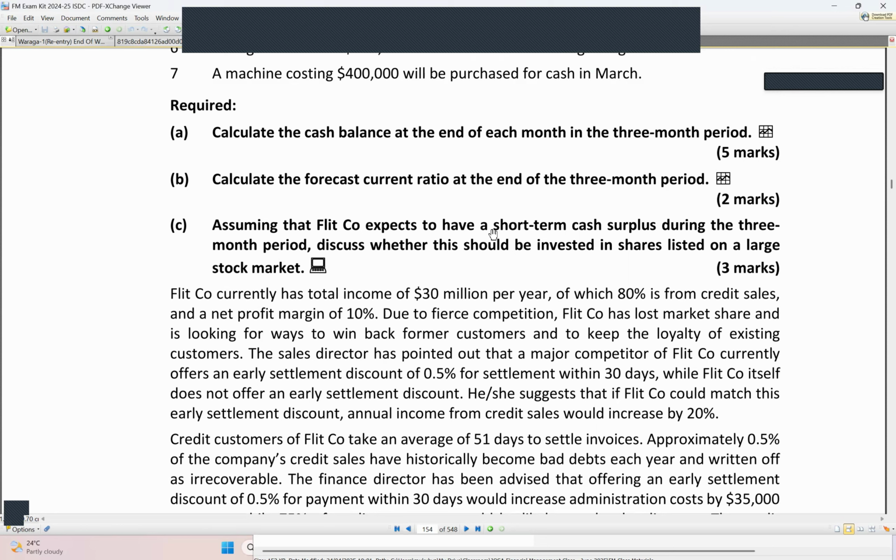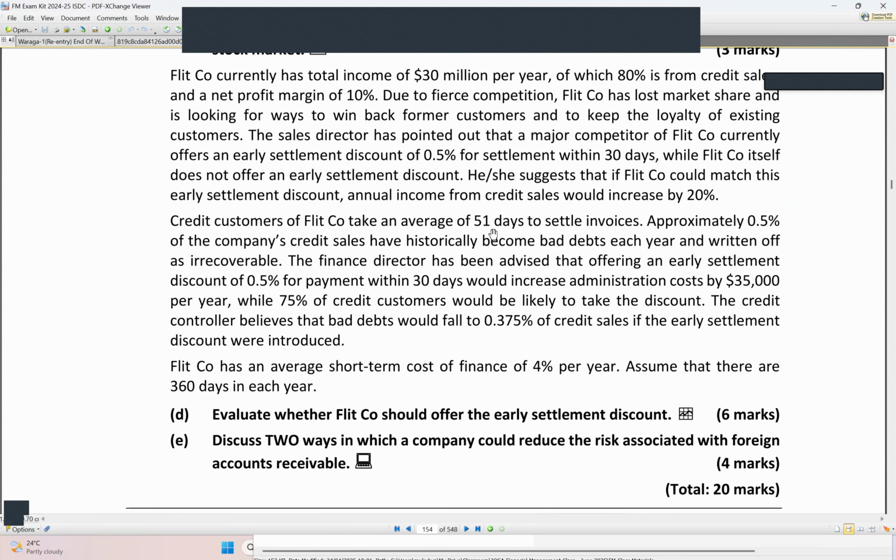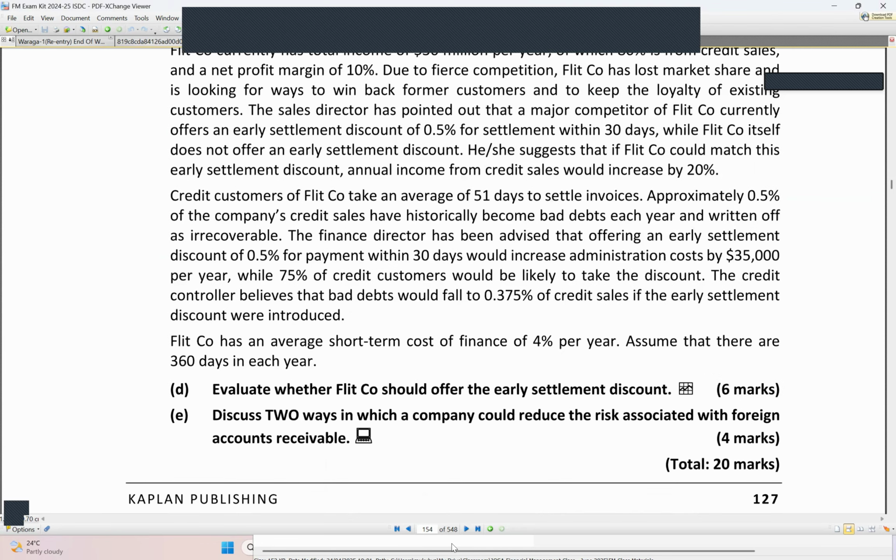So that's short term. But if you can start realizing that consistently every month I'm going to have a surplus of this much for the following maybe 1 year, then that is a sort of long-term surplus. So you can have that invested in a long-term thing. So basically that's what we are saying here, short-term, long-term.